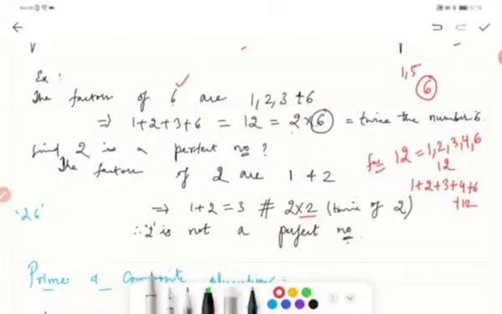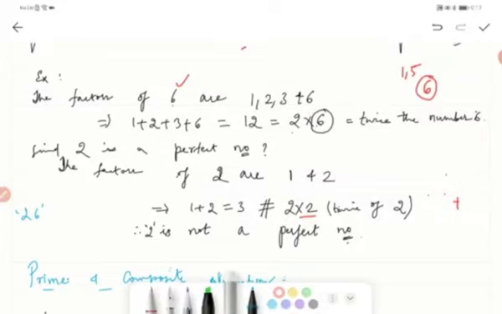So this is 10. 10 plus 12 is 22, 23, 24, 25, 26, 27, 28. So is it 12 into 2? It is actually 24. So again 12 is also not a perfect number. Okay, I hope everyone will try to find out which is the next perfect number after this 6. All right.